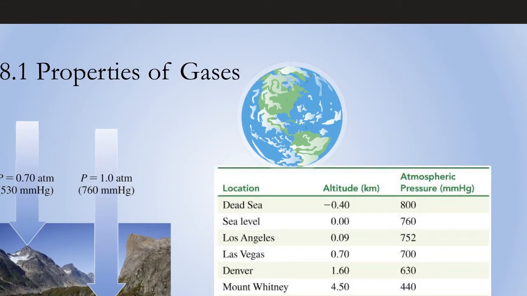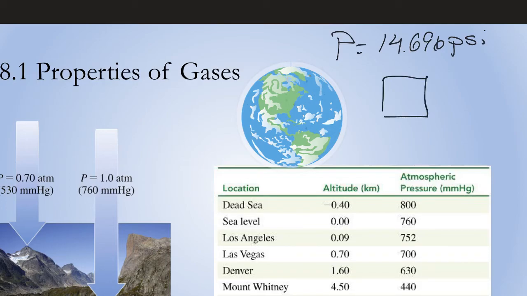On average, the average person has, like I had written before, in American units, the pressure is 14.696 pounds per square inch. So every square inch of you, let's pretend this was an inch by inch dimension, every square inch has, if I'm rounding up, 15 pounds.